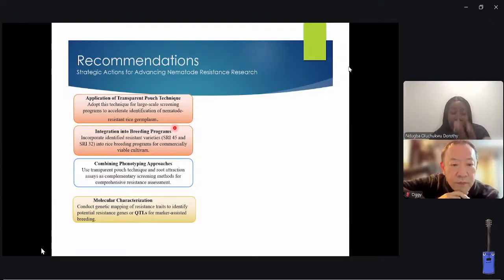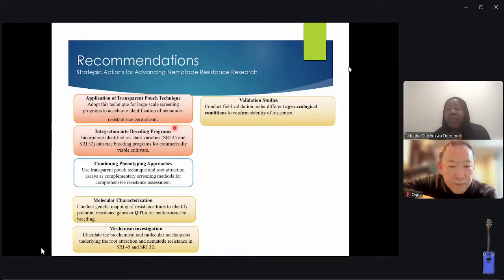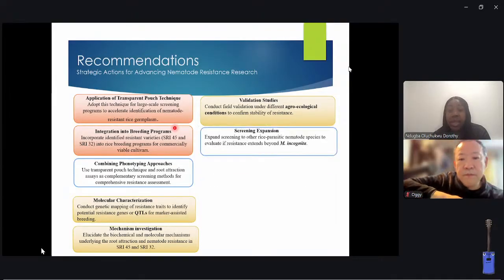And also, I recommend that molecular characterization should be conducted on the rice varieties, both 32 and 45, and like I said earlier, that field validation is needed to confirm the stability of the resistant varieties.